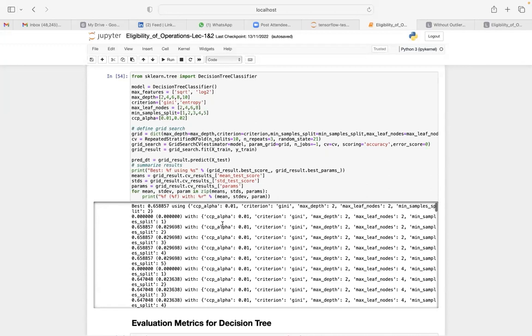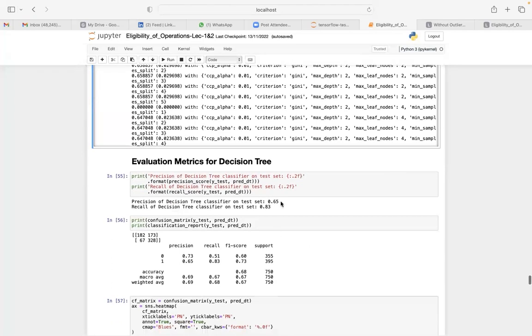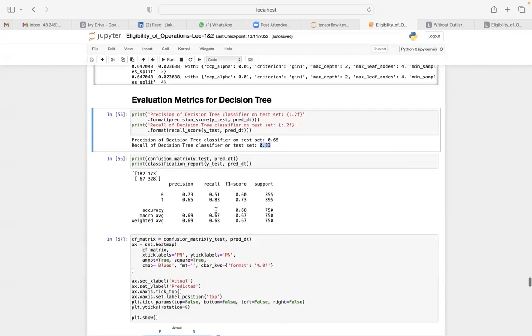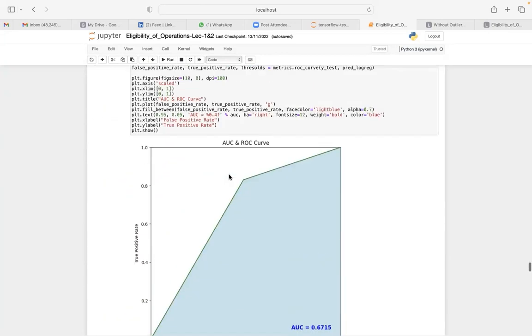When you run this, you will find out that the best accuracy score it is giving is 65.88, which is very much similar to what we got. But again, our metrics define something else, and when you see the evaluation of metrics, it is saying that the recall is 83%, your precision is 73.65, and similar values to what we got for the recall in logistic regression are what we are getting here.